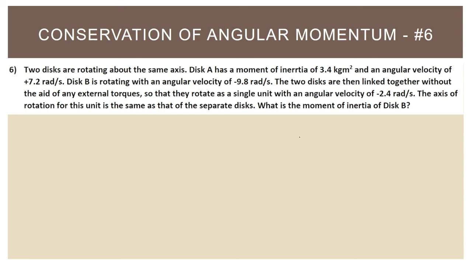So there's a lot of important information given in this problem, and since they labeled the disks already as A and B, we might as well label them as A and B as well. The rotational inertia of disk A, they tell us, is 3.4 kilogram meters squared. They tell us that disk A, so I'm going to call it omega naught A, is rotating with an angular velocity of positive 7.2 radians per second.